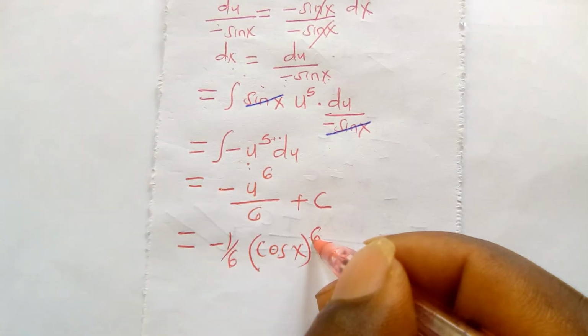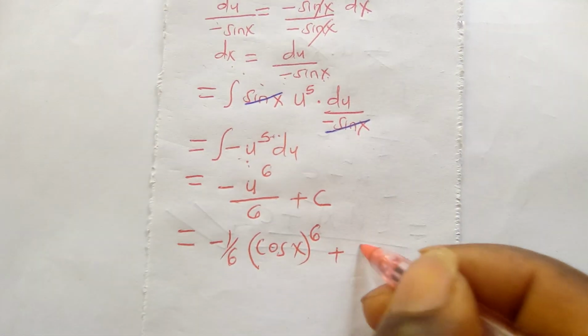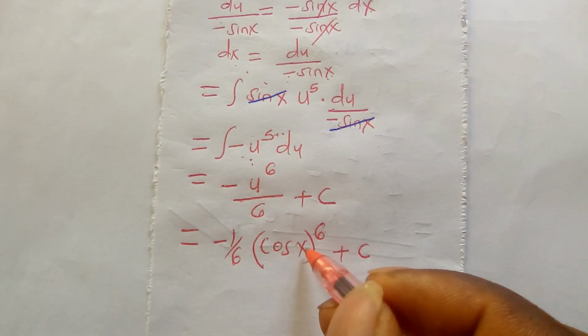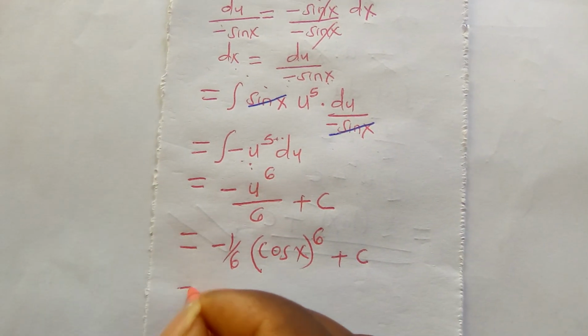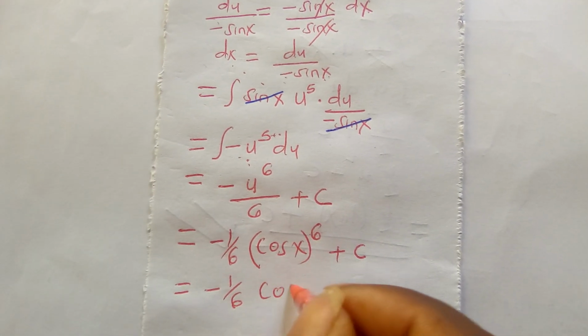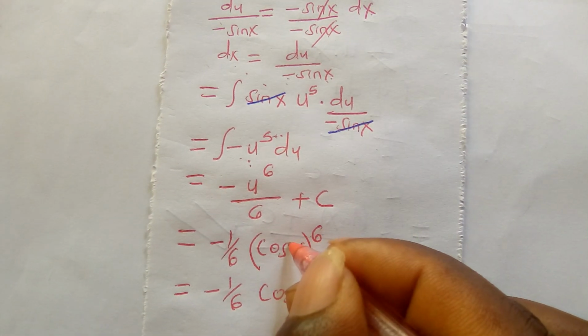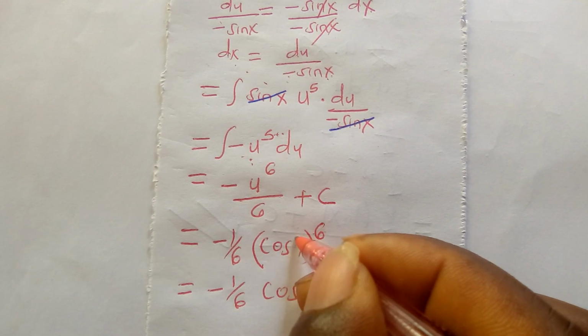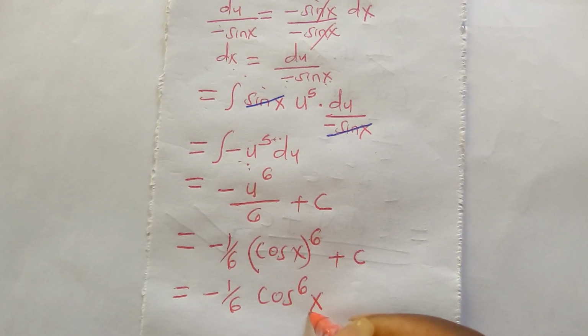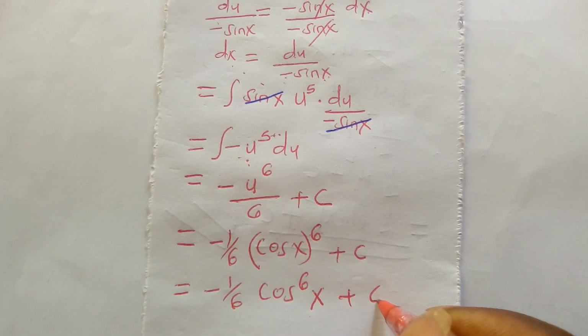Remember, u was raised to 6 there. Then you ensure that you add a constant c. Now after this, you can simplify this bracket by saying it is now negative 1 over 6 cos raised to 6 x plus a constant c.